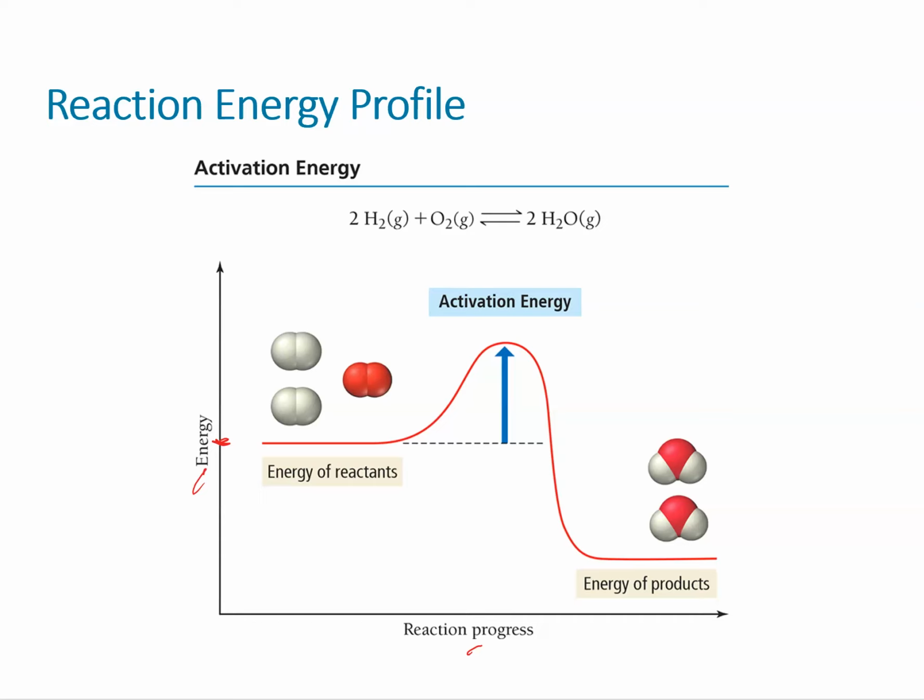And when we look at the energy of the products, they're lower. And the tendency for chemistry and so many other physical processes in our universe is to go from states of higher energy to states of lower energy.